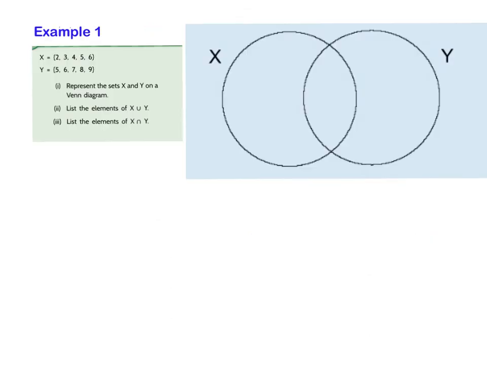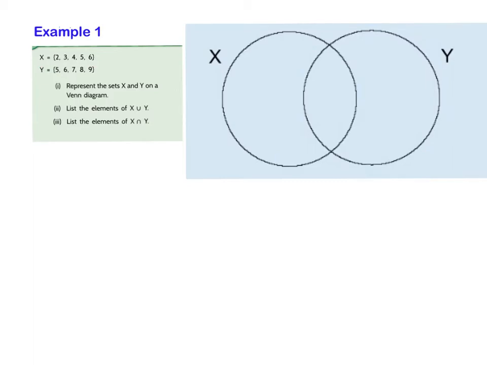Let's do the first example then. We have set X, which is 2, 3, 4, 5, and 6. We have set Y, which is 5, 6, 7, 8, 9. We have our overlapping circles done. The first question is: represent the sets X and Y on a Venn diagram. So let's start.